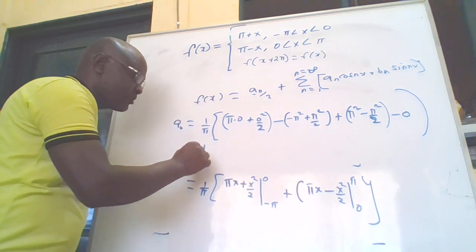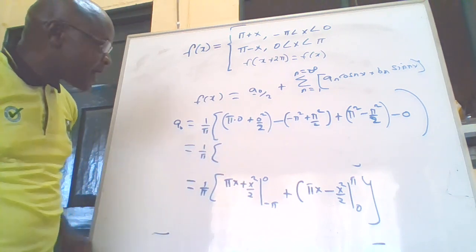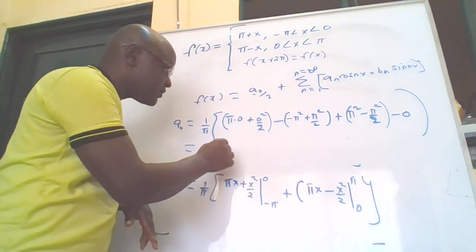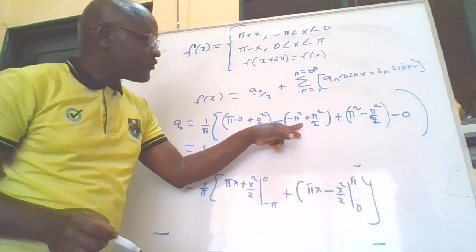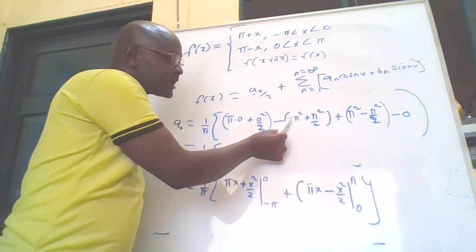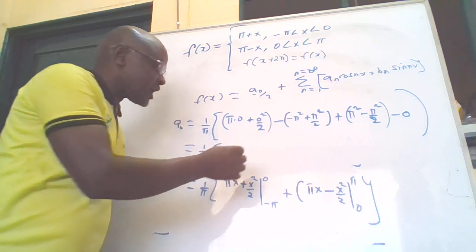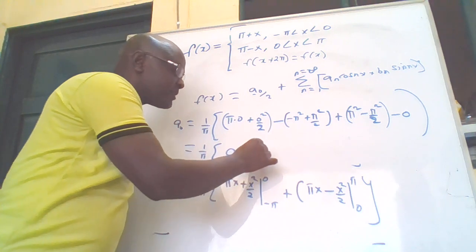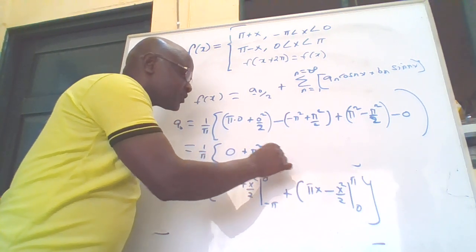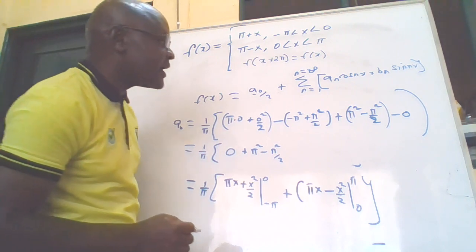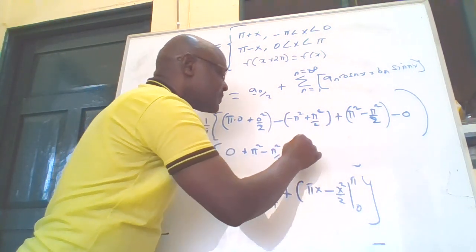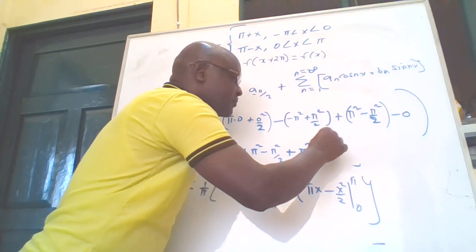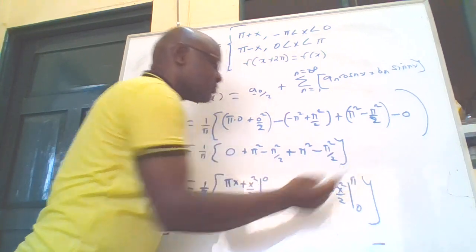So this equals 1 over pi into 0. Then here, this minus and that minus will be positive, so we shall have 0 plus pi squared minus pi squared all over 2, then plus pi squared minus pi squared all over 2.